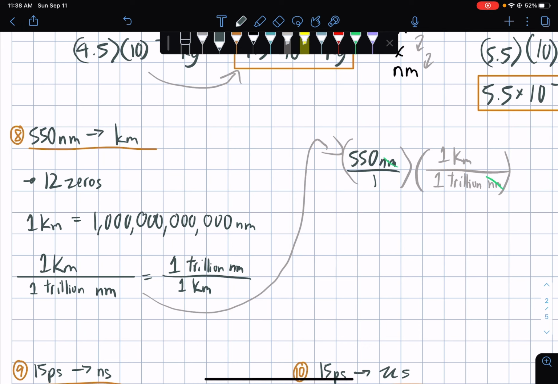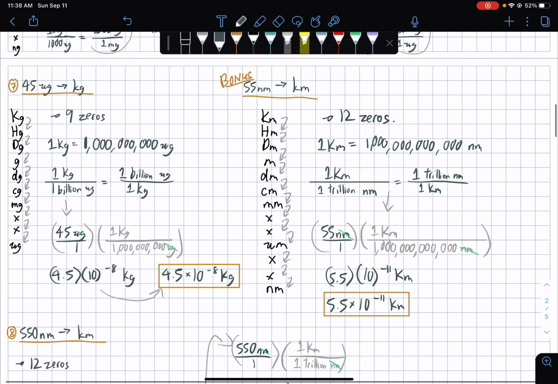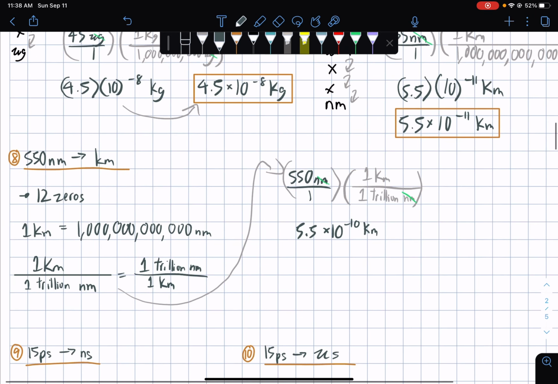So we cancel those values. 550 divided by 1 trillion, let's see, it's 5.5 times 10 raised to negative 10 kilometers. So yeah, this is the final answer.